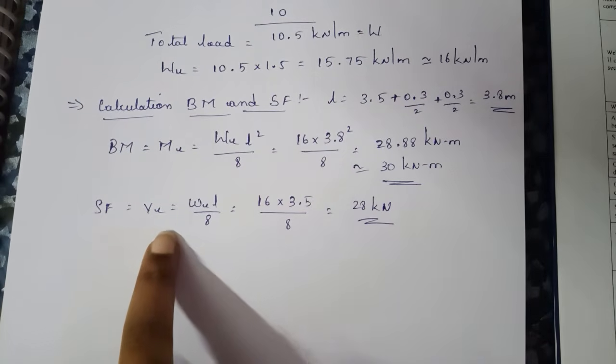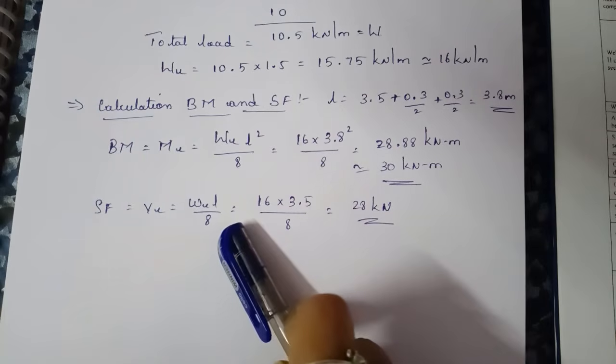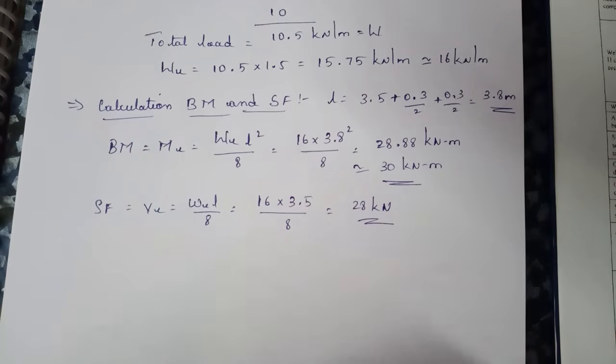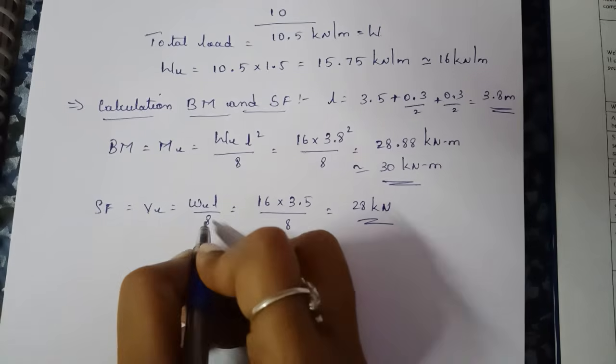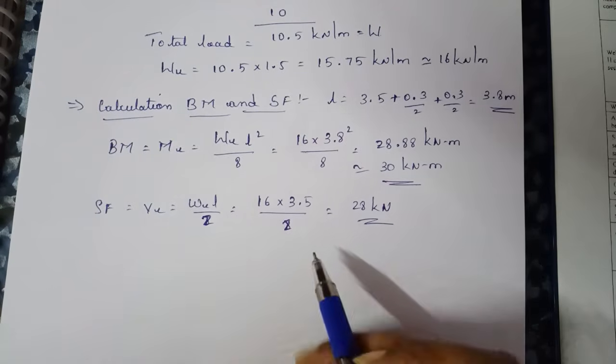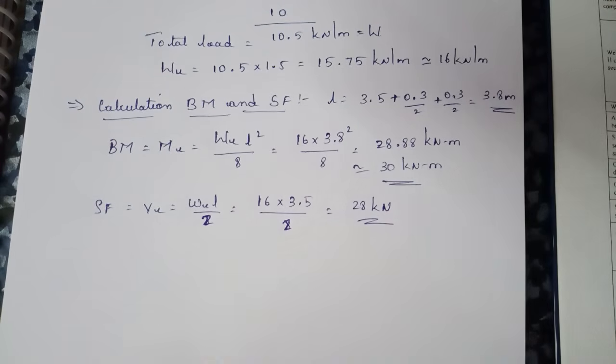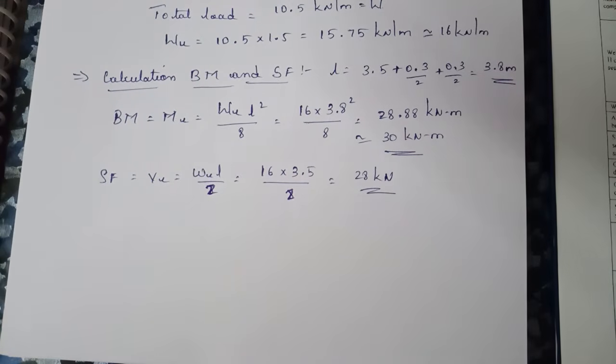Now the shear force equation is VU equals WU L divided by 2. So 16 into 3.5 divided by 2, you will get something around 28 kilonewtons. So you got to know the bending moment and shear force of the section with respect to the loading.